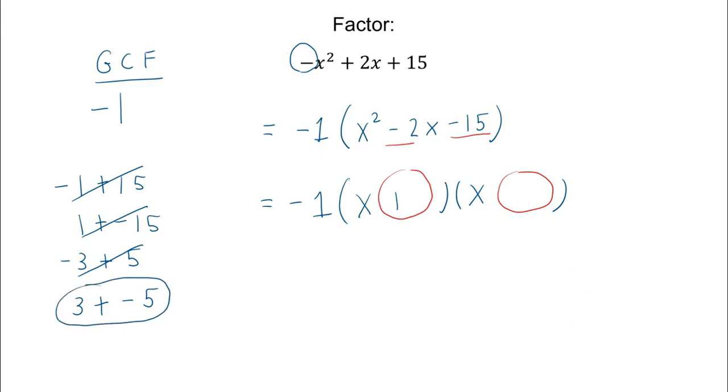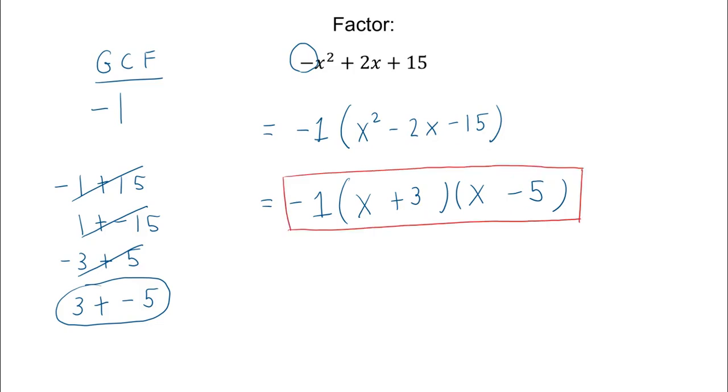So we need a positive 3 and a negative 5. 3 times negative 5 gives us negative 15, and 3 minus 5 gives us negative 2. So the correct factorization is negative 1 times the binomial x plus 3 times the binomial x minus 5.